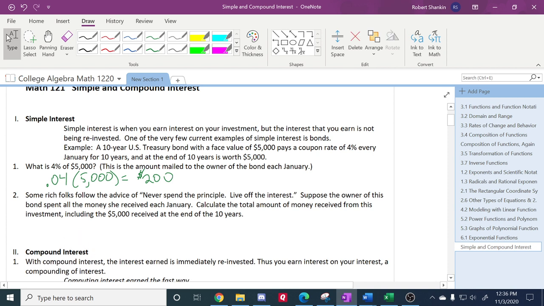And when you get your answer, type it in to your group chat, but don't hit enter quite yet. So work on it individually first. And go ahead and type it into your group chat.